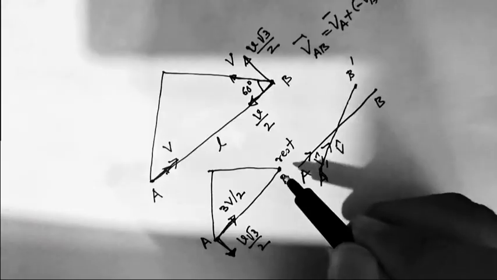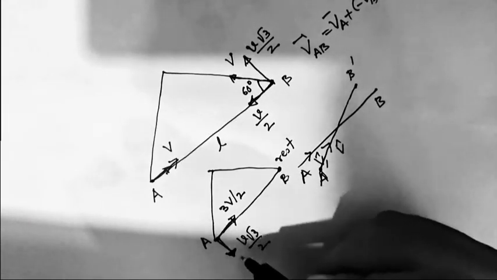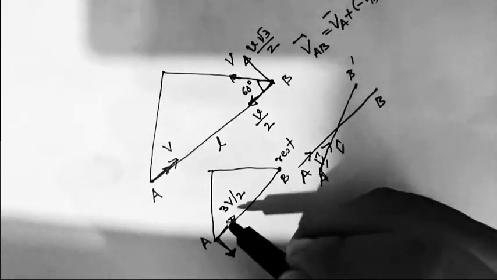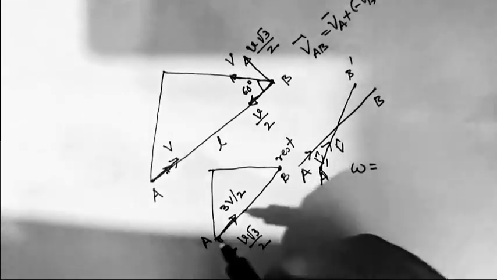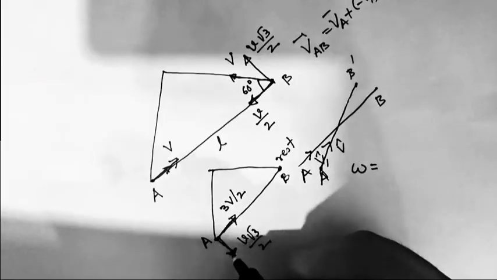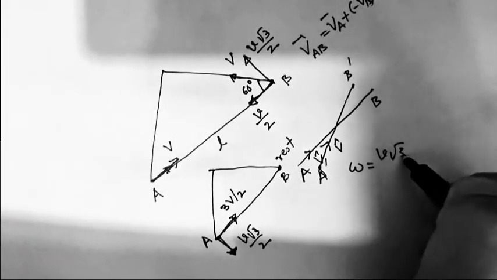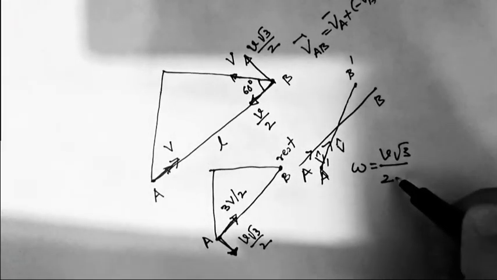Now, if you sit here instantaneously, you will see this is going in this kind of circle. So therefore, your angular speed of this line will be equal to the perpendicular velocity to this line, which is v root 3 by 2, divided by this distance AB, which is L.